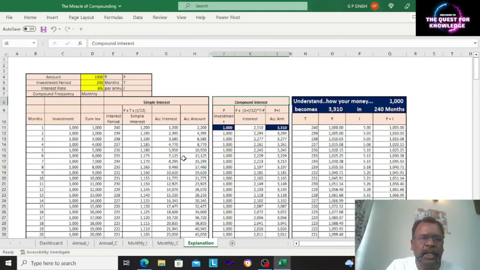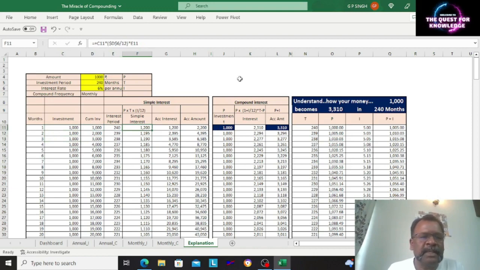So by using that definition and that formula, let's understand. In this case we are investing 1000 rupees per month and the investment period is 240 months, that is 20 years. So calculation in this case is very simple. Simple interest, how do we calculate?